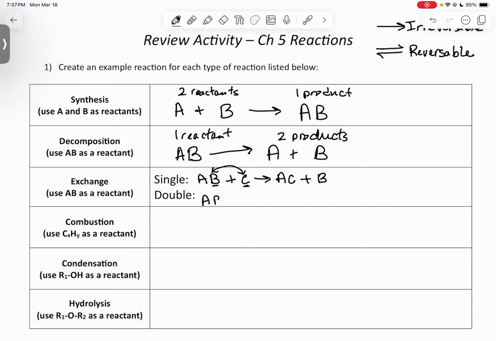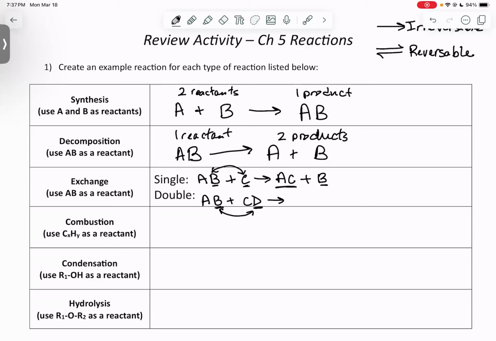If on the other hand, I did AB plus CD and I exchange out either my non-metals or my metals, whichever one, I've got to pick one, right? Here, I'm going to have an exchange and make two new compounds. In the above, I only made one new compound.